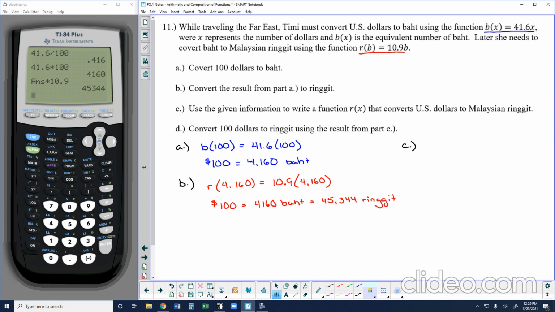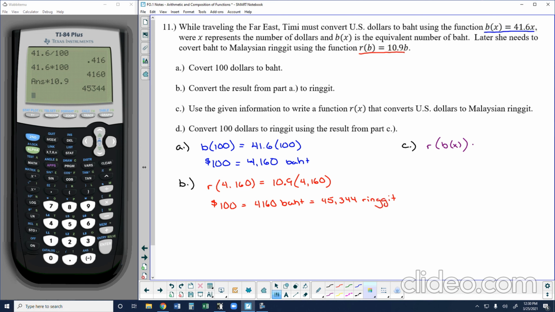So r of b gets us from baht to ringgit. b of x gets us from dollars to baht. So if we compose the two, if we take r of b of x, we can now go from dollars through baht to ringgit.